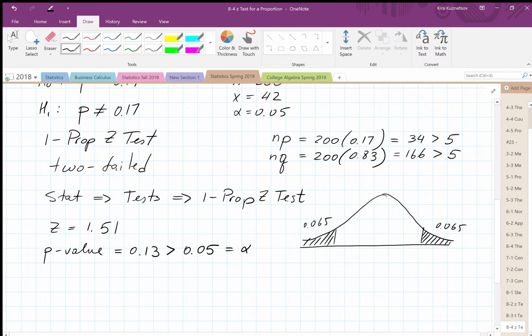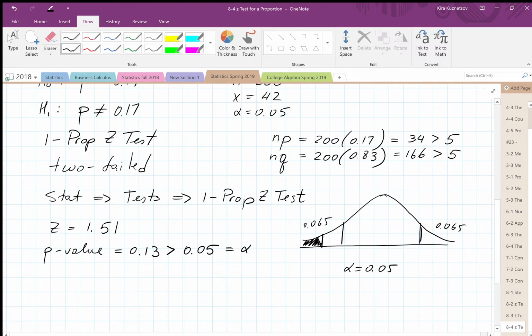Now, on the alpha, let me actually not shade this. Let me just label it. So these are your tails that are presumed. Now, the alpha of 0.05, that means that you should have 2.5% on each side.